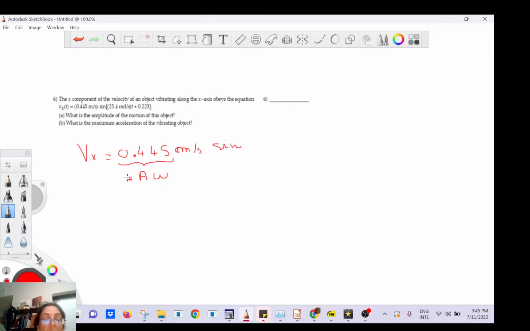I mean, there is no minus. So that's going to be the maximum velocity because there is a phase here. So sine of 25.4 t plus 0.223. So that's the phase.